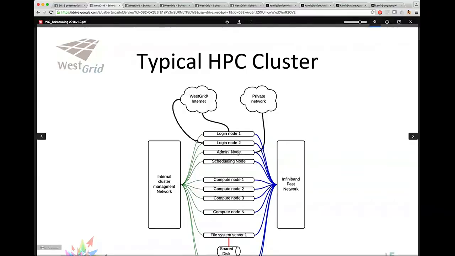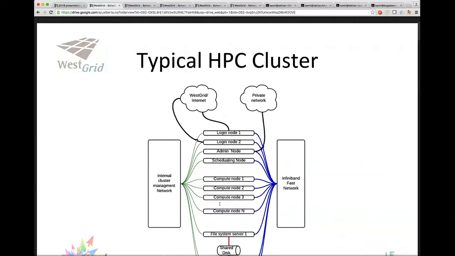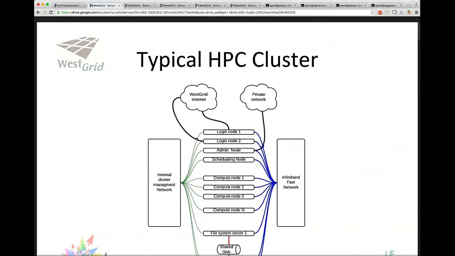There's usually an administrative node that's used by the system administrators to run the cluster. There's a scheduling node that basically runs the scheduler. This is the node that figures out when your job starts and finishes and does all the coordination. There's also a set of compute nodes. These are the nodes where your job runs.